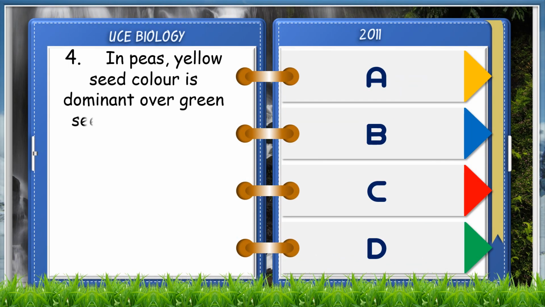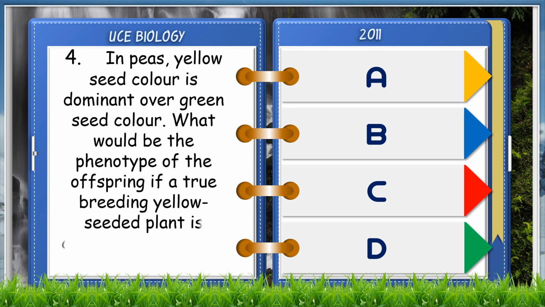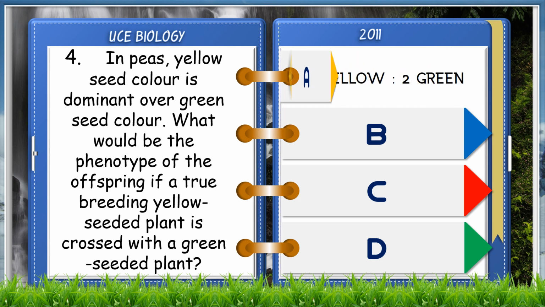In peas, yellow seed color is dominant over green seed color. What would be the phenotype of the offspring if a true breeding yellow seeded plant is crossed with a green seeded plant? A. 2 yellow, 2 green.